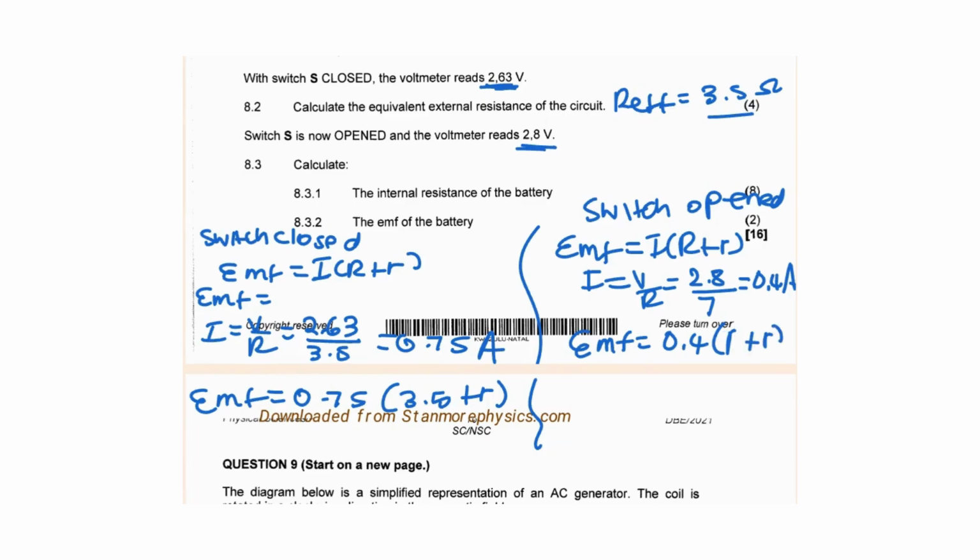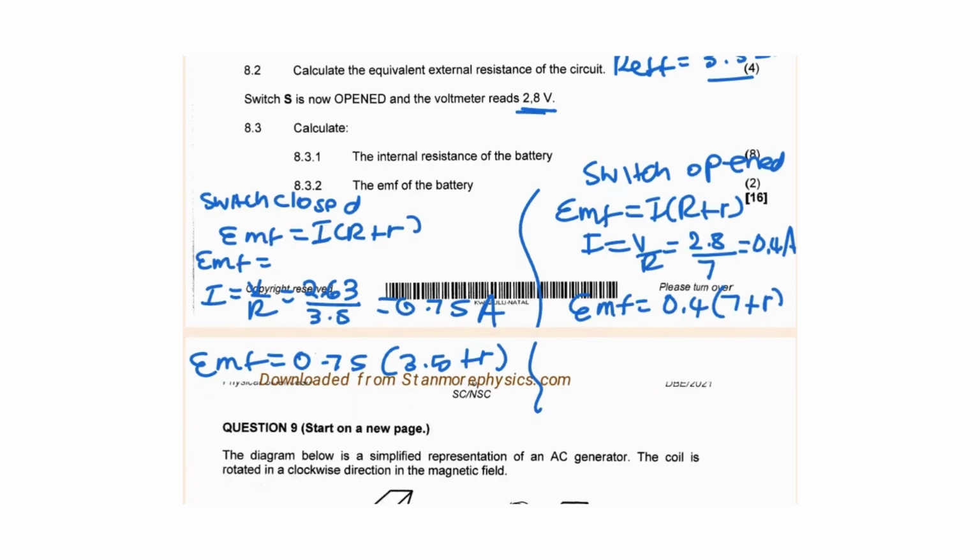Now, because we have two unknowns common to both equations, EMF and small r, I'm going to equate the EMF. So 0.75 times (3.5 plus small r) equals 0.4 times (7 plus small r).